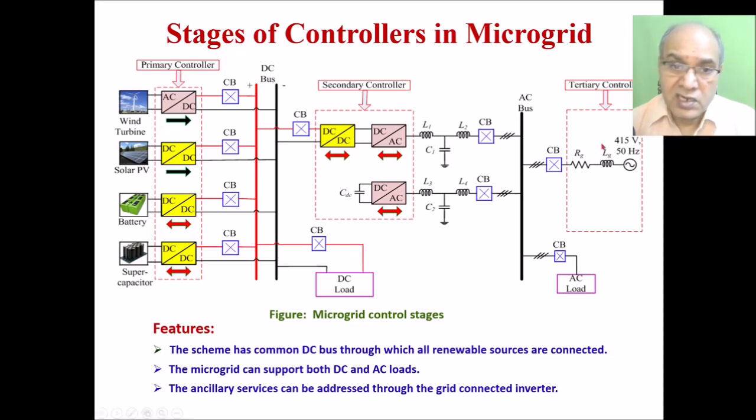So this is decided by the AC side. From the microgrid point of view, this is primary, secondary, tertiary. But from the grid point of view, this is also primary, secondary, tertiary. But since our focus is on the microgrid side, our terminology is primary, secondary and tertiary.